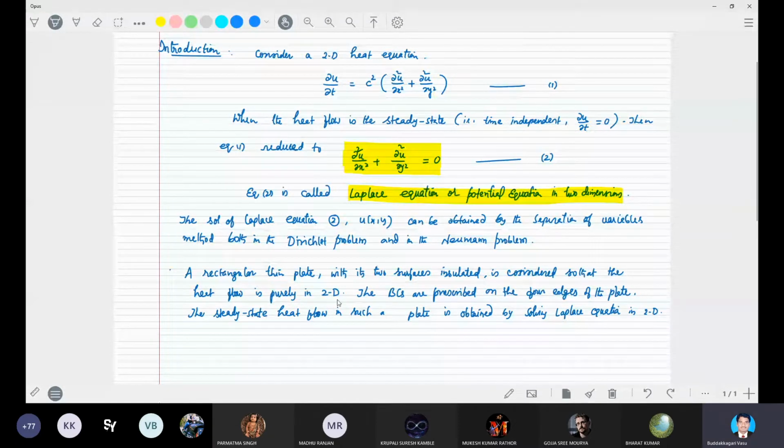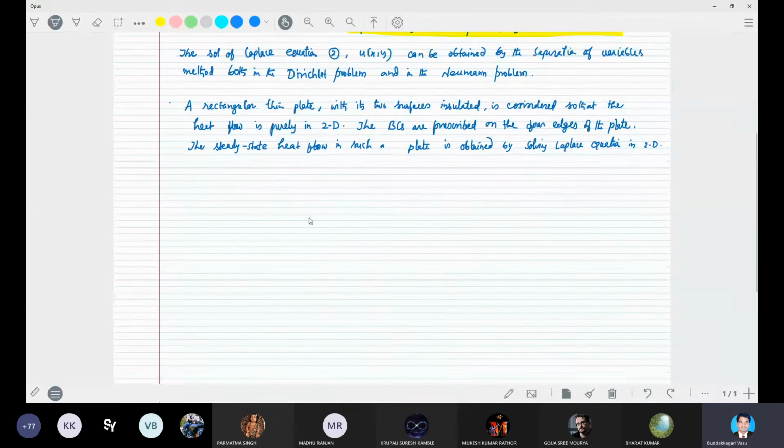A rectangular thin plate. Take the x-axis horizontally and the y-axis vertically.